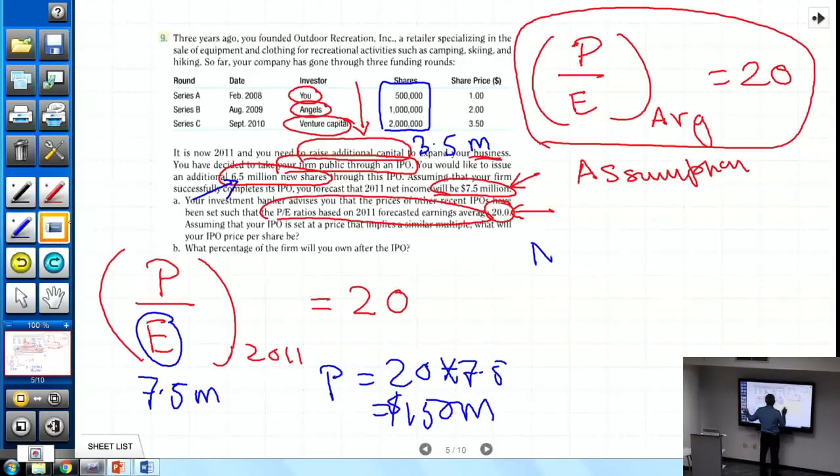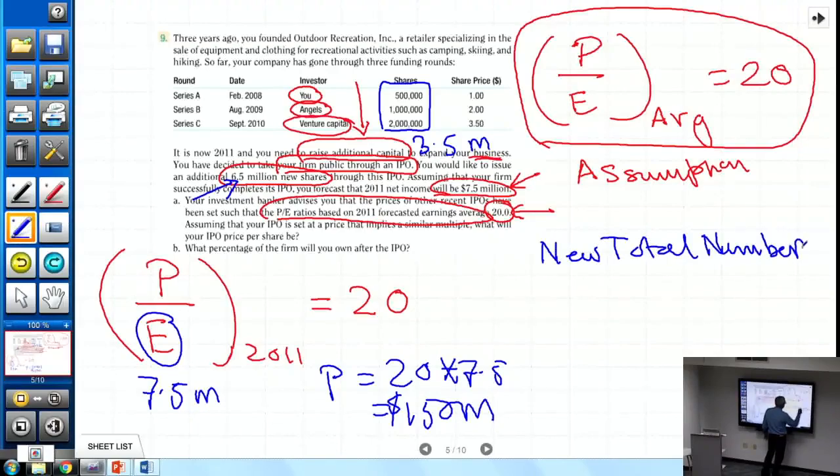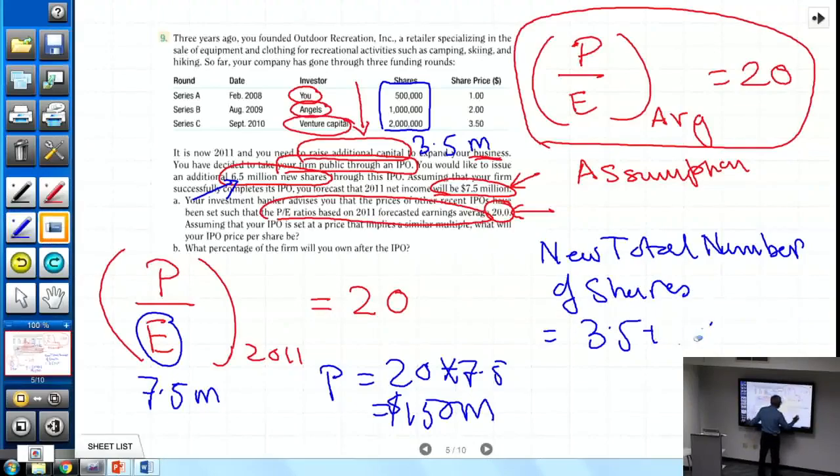So the new total number of shares will be the initial 3.5 plus the new 6.5, for a total of 10 million shares outstanding.